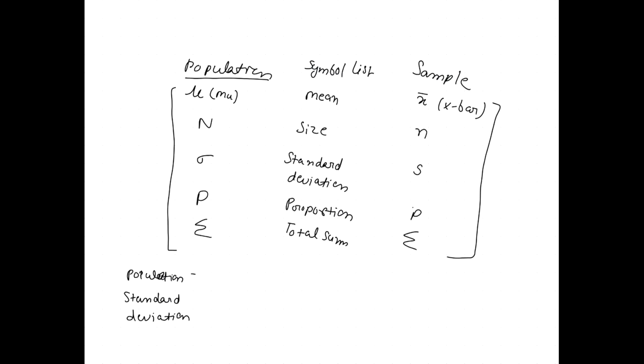Sigma is equal to the square root of the summation of x minus mu squared, divided by N. So what is this? This is the weight of each donut minus the mean, the average weight of the donut, and then you take the square of this, divided by N.